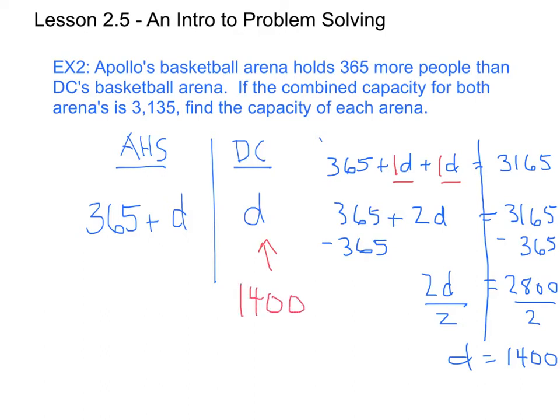So we just found out that D, Davis County's arena, holds 1,400 people. Now, if we go to the original problem, it tells us that our arena, Apollo's arena, holds 365 more than that. So we can go over here and we can go 365 plus Davis County's, which we just learned has 1,400.